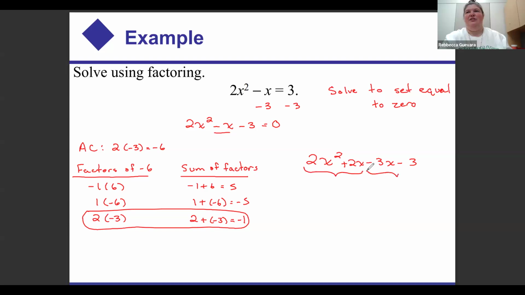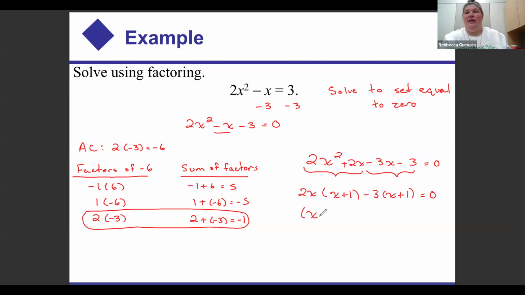Like I said, this is just a little bit of review here. And we know it's all set equal to 0. So here I can factor out a 2x, leaving behind an x plus 1. Here I can factor out a -3 and leave x plus 1.